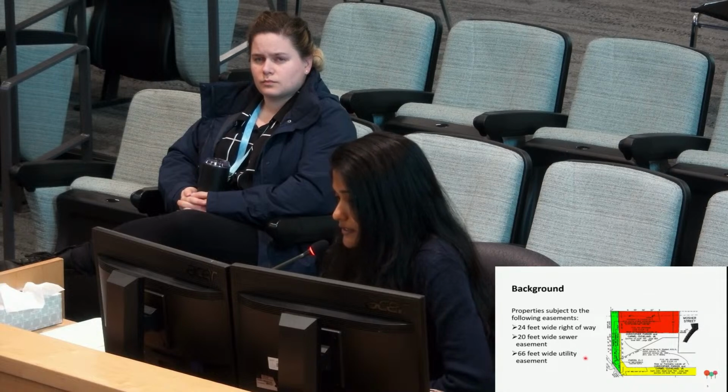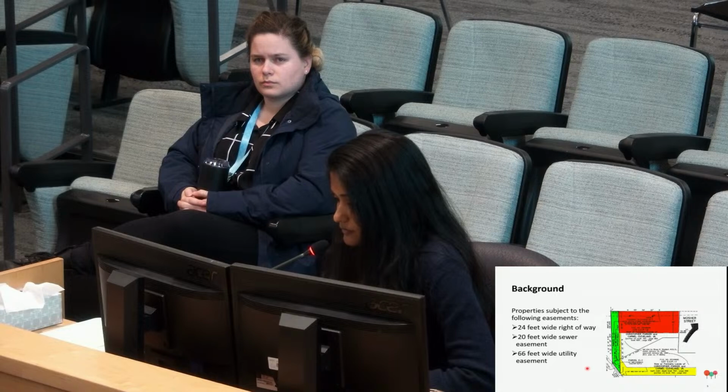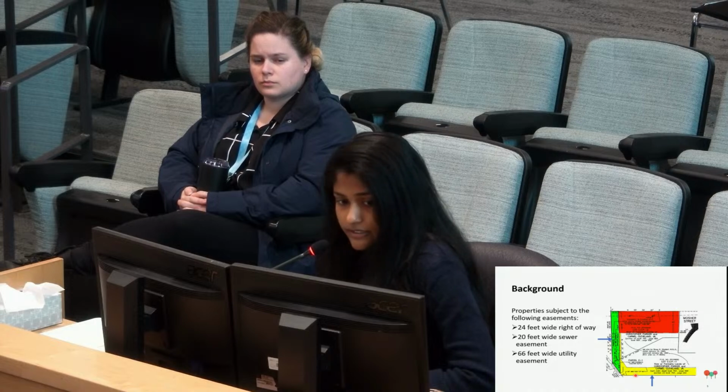The properties are also subject to a few easements. So there is a 24-foot wide right-of-way running along the west end of this property and along the south end of this property. This benefits the property owners adjoining this said right-of-way for access.